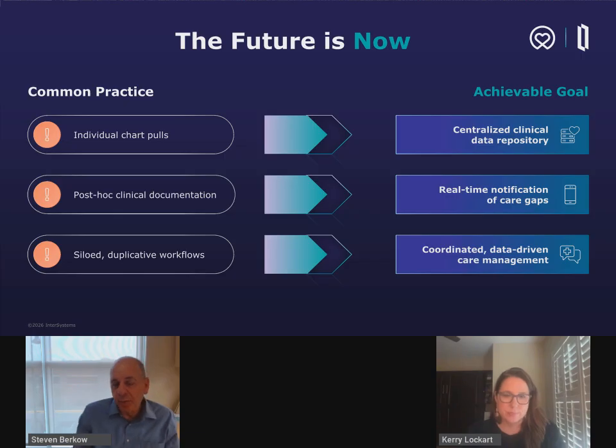These systems are capable of triggering alerts based on the clinical data that comes in to push the appropriate notification to the appropriate person within the plan or the provider. And together, these types of capabilities really enable true data-driven care management.